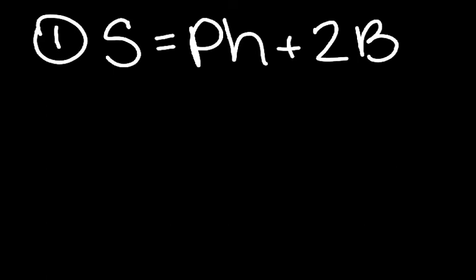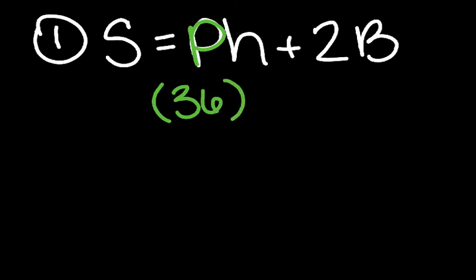Okay, go ahead and go to the next line and now write your formula. S equals capital P H plus 2 times the B, which is the area of the base. Once you write your formula, replace your variables with numbers. We found that the perimeter was 36, so instead of the P, we're going to write 36. Make sure you put in parentheses.